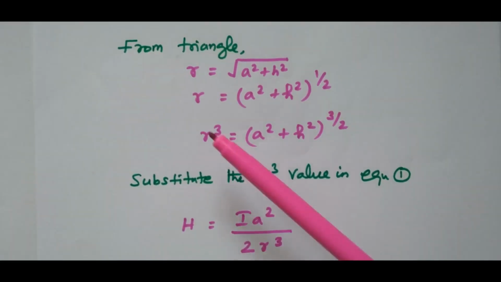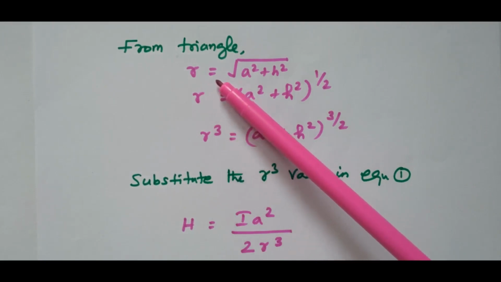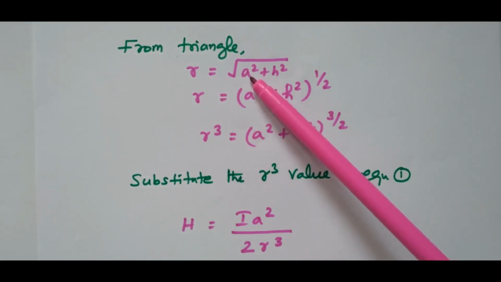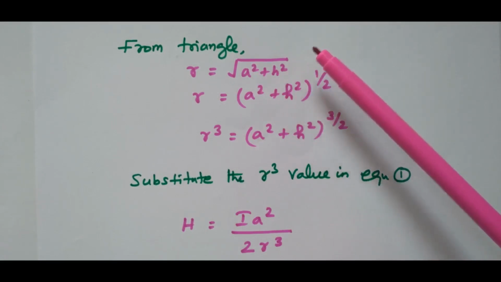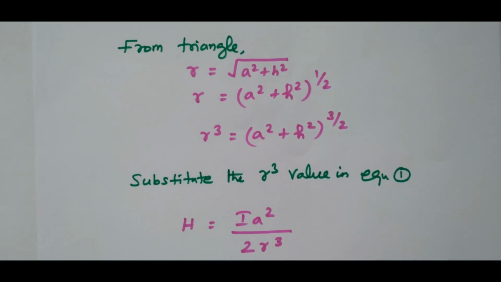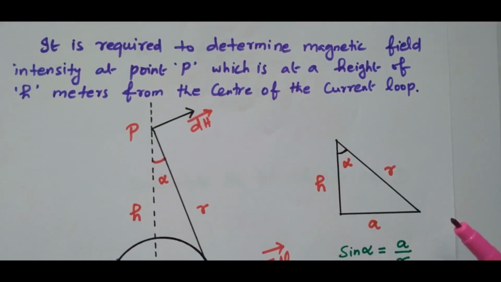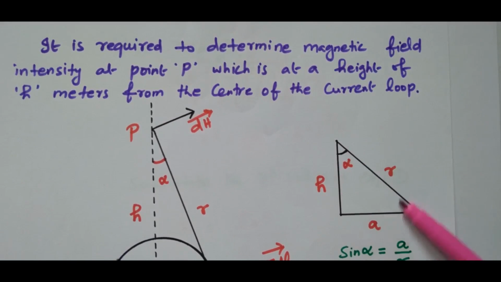So from the triangle we can write, using Pythagoras theorem, R square equal to A square plus H square. So R equal to square root of A square plus H square.